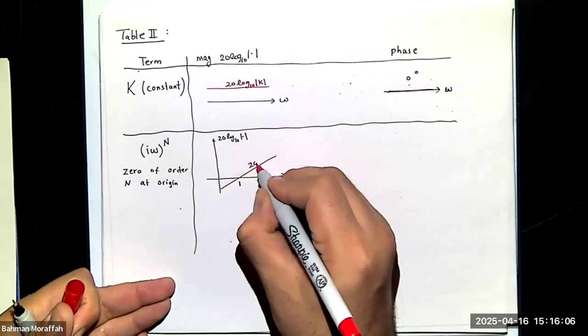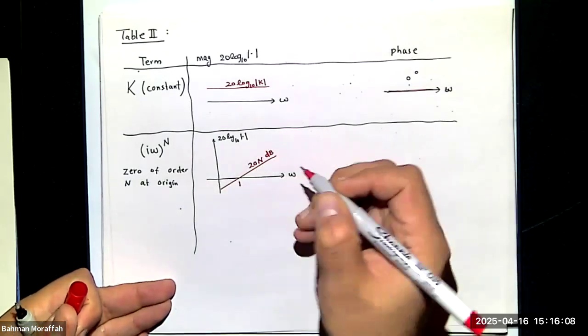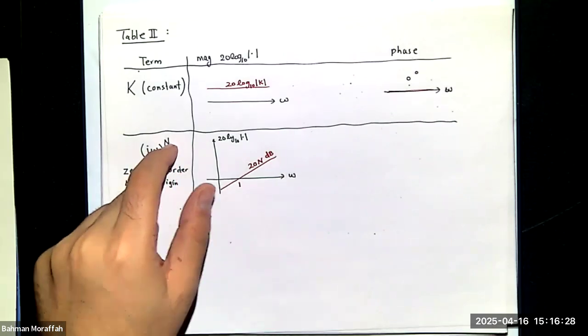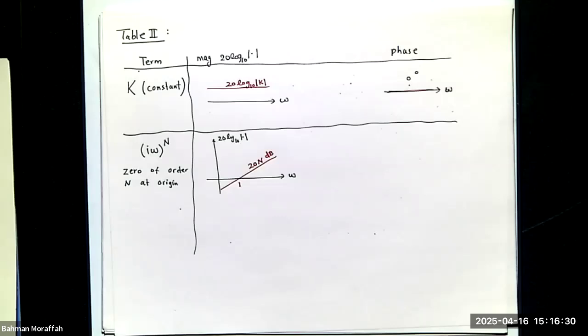This is 1, this is 20 times n dB. Why is that? Because we know if we have a 0, it should go up. And therefore, the slope of this line is going up. And we know the slope is going up by 20, right? But since it's being repeated n times, I have to add that n times. That's why the slope over here is 20 times n dB, right?